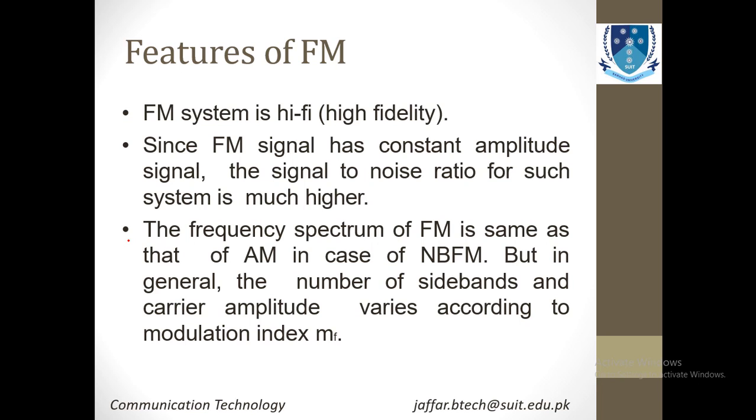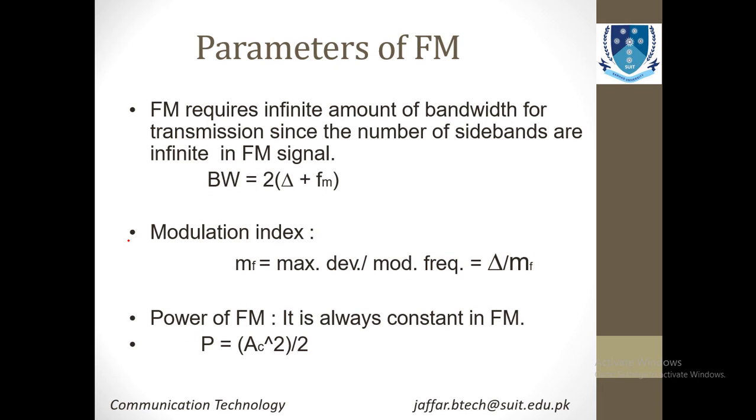And the frequency spectrum of FM is the same as that of AM in the case of NBFM. We will talk about NBFM, but in general the number of sidebands of the carrier amplitude varies according to the modulation index mf, that is the index for the frequency modulated wave.